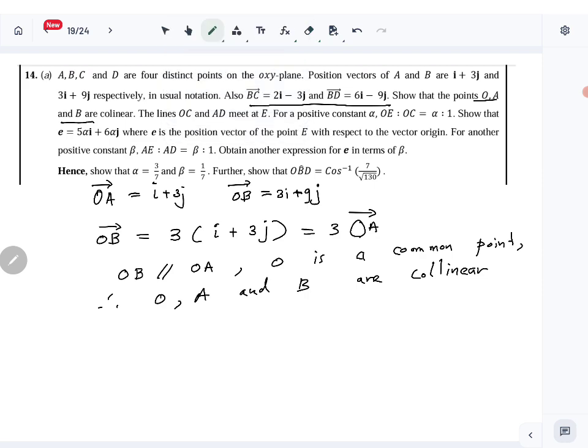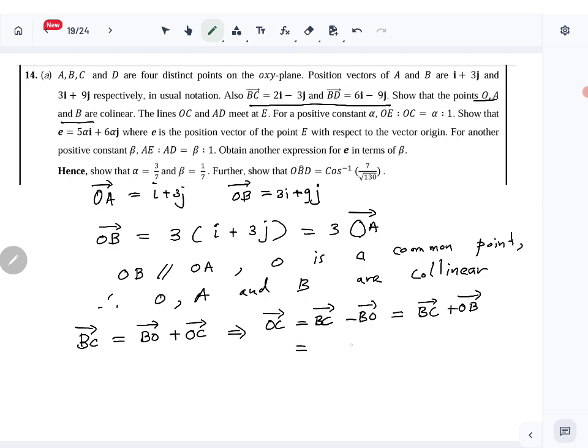BC is equal to BO plus OC. Then OC is BC minus BO vector, which is the same as BC plus OB vector.